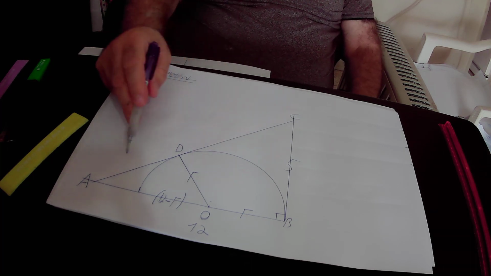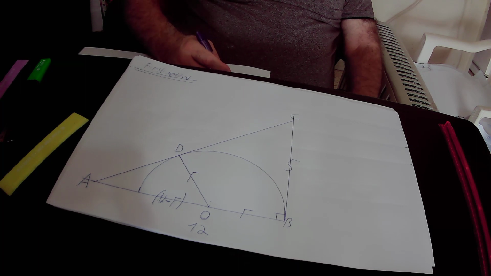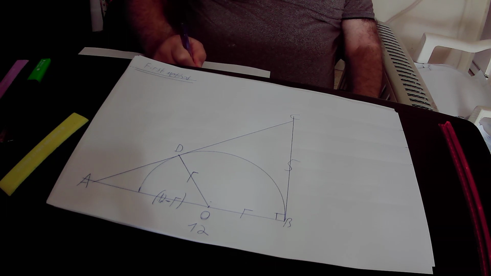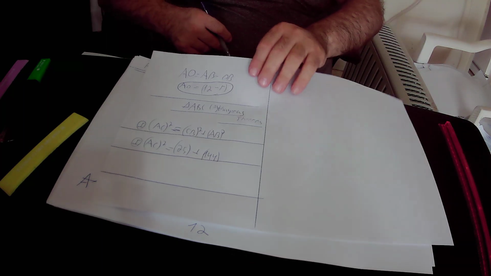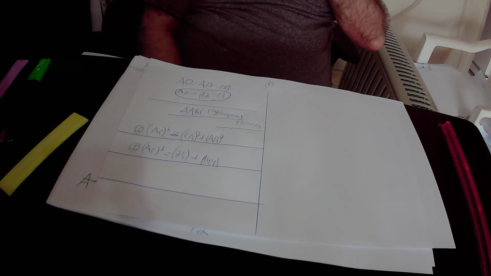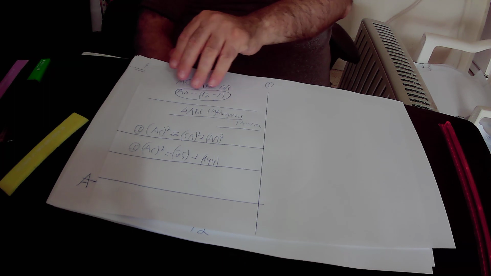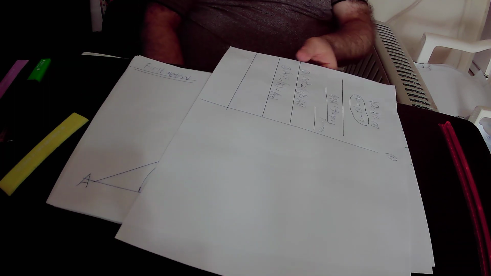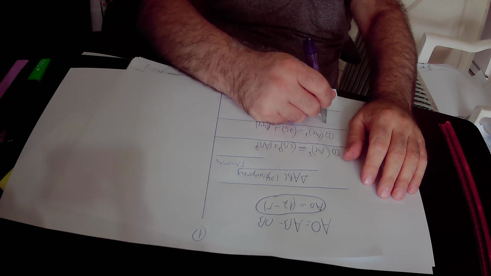AB equals 12 units, so AB squared is 12 squared, and 12 squared is 144. So according to equation number 1, AC squared equals 25 plus 144. 25 plus 144 is 169. So AC squared equals 169.